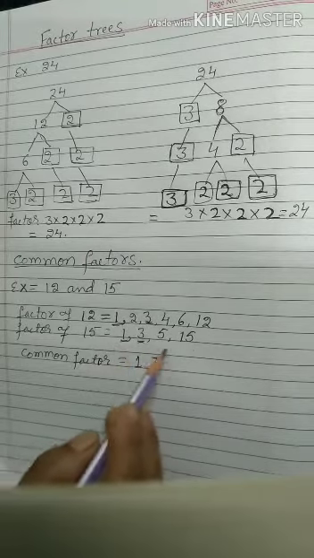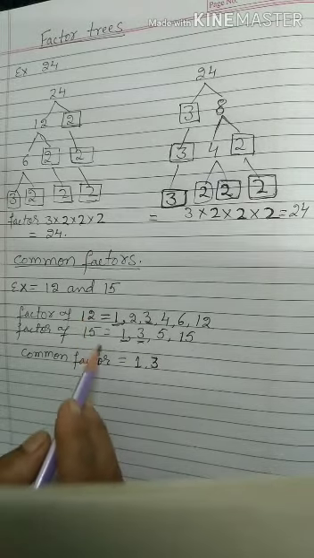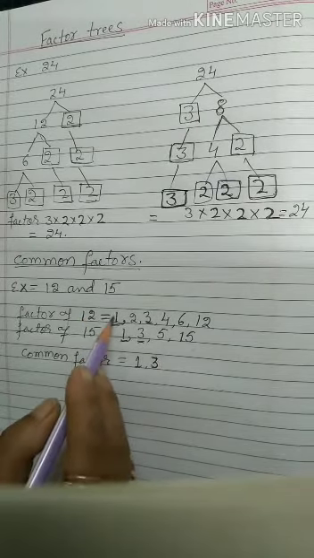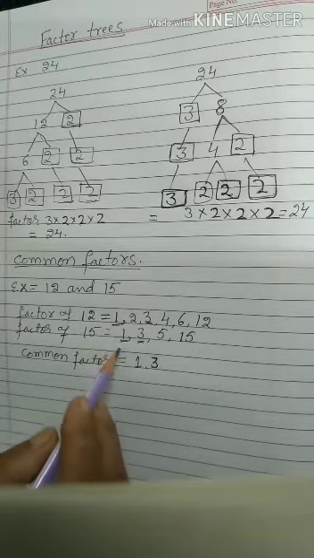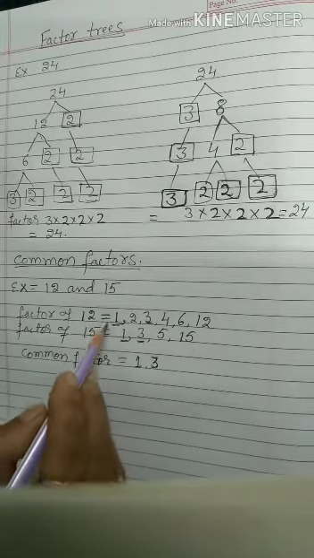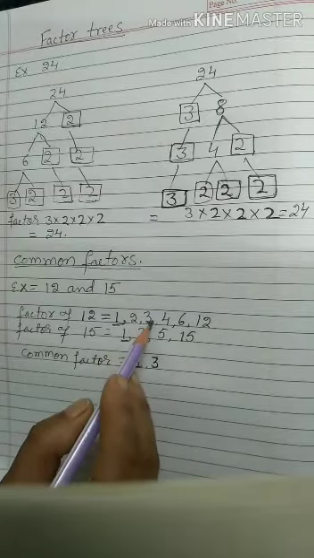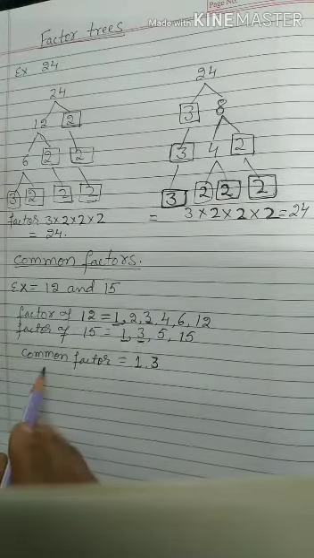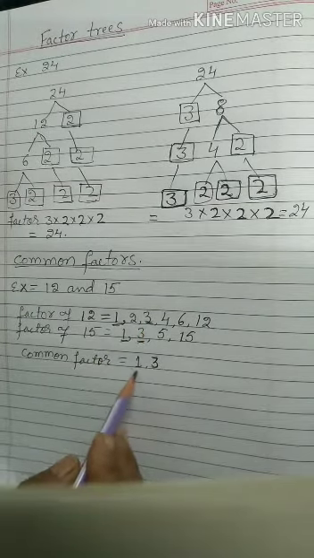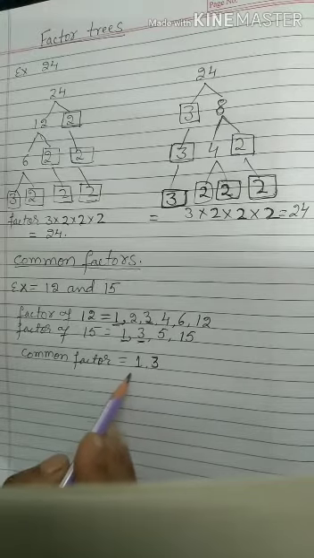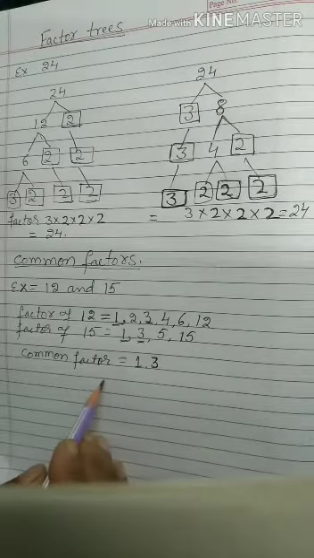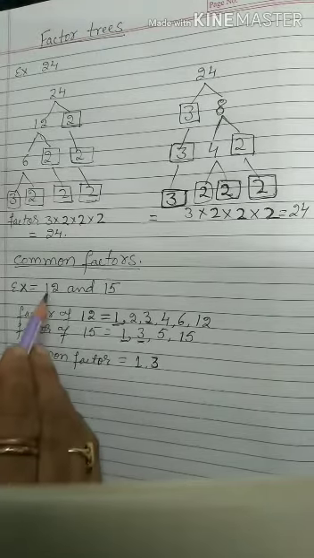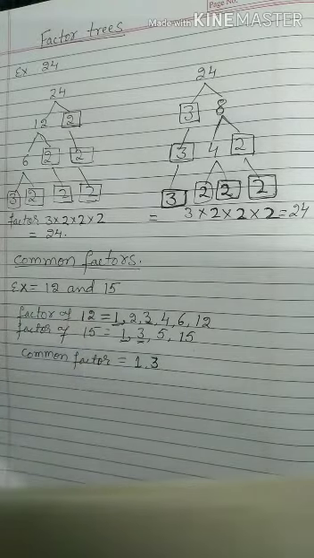This way you have to write the factors of both numbers. Then you look for the common ones. 1 is common in both numbers. Then 3. The common factors are 1 and 3. 1 and 3 are the common factors of 12 and 15. This way you can find common factors.